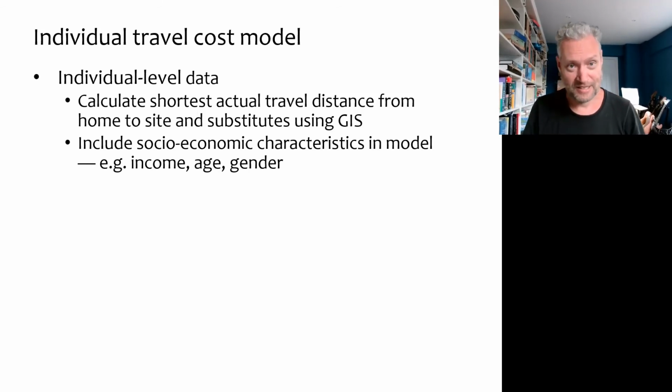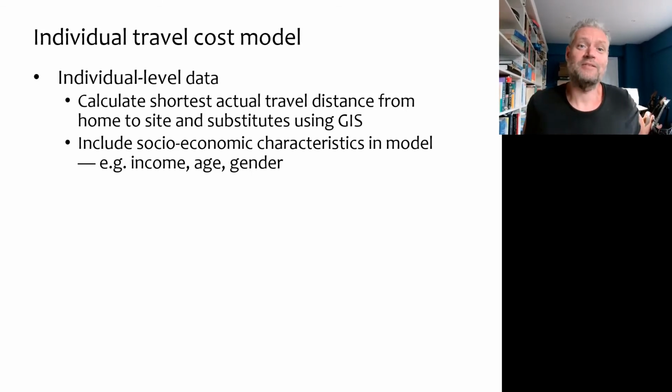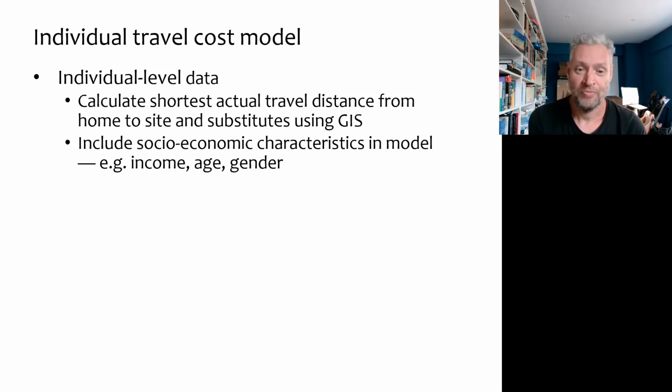That information is actually available in some surveys, not in all. The good thing about this is that unlike the zonal travel cost method, you actually also have information about people's income and age and gender and whatever matters for these decisions, family composition being an obvious one.